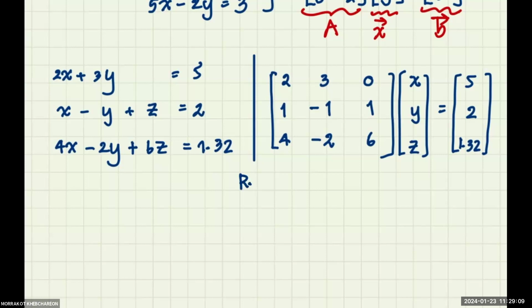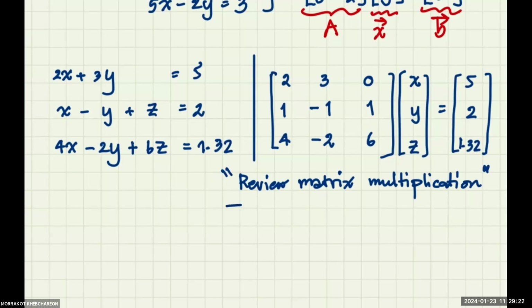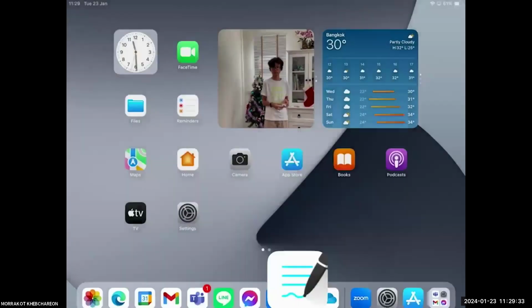So you guys can review. You can search on the internet, teach me how to do the matrix multiplication. Let me do it.